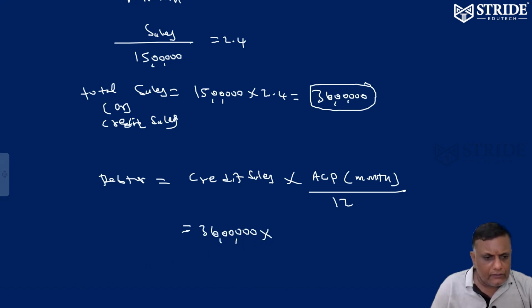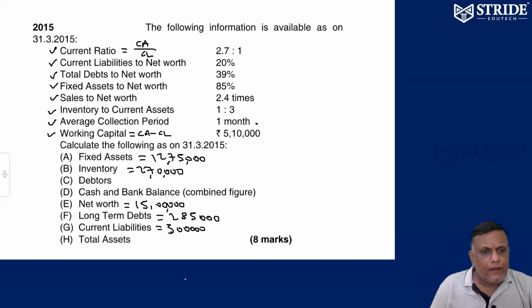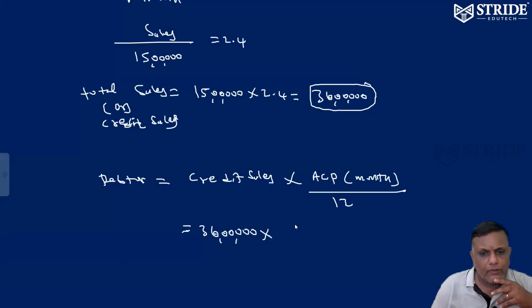Average collection period is going to be 1 month. So 1 month by 12.